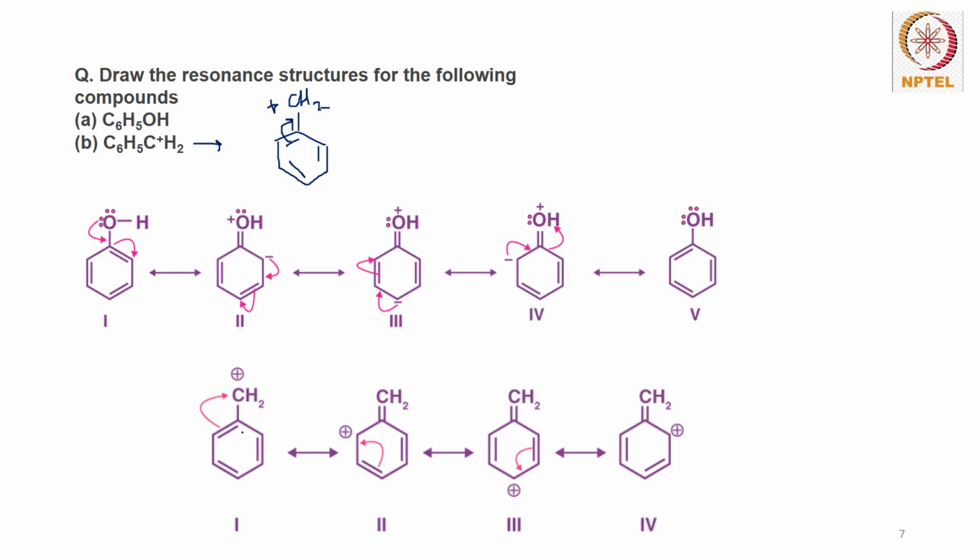The pi bond will move here, there will be electron deficiency. Then this pi bond will come here, there will be an electron deficiency. Then these are all the conjugated resonating structures of this benzylic cation. Okay, I think it's clear.